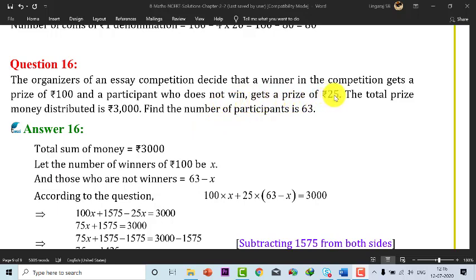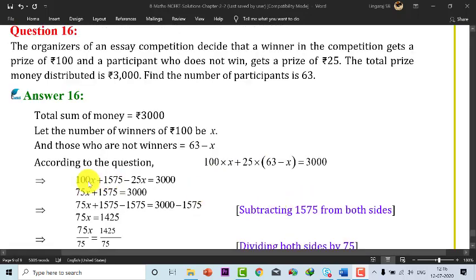For them the prize is 25, so 25 into 63 minus x. The total sum of money is 3000. So according to the question we wrote the equation 100 into x plus 25 into 63 minus x is equal to 3000. So here we solve this.